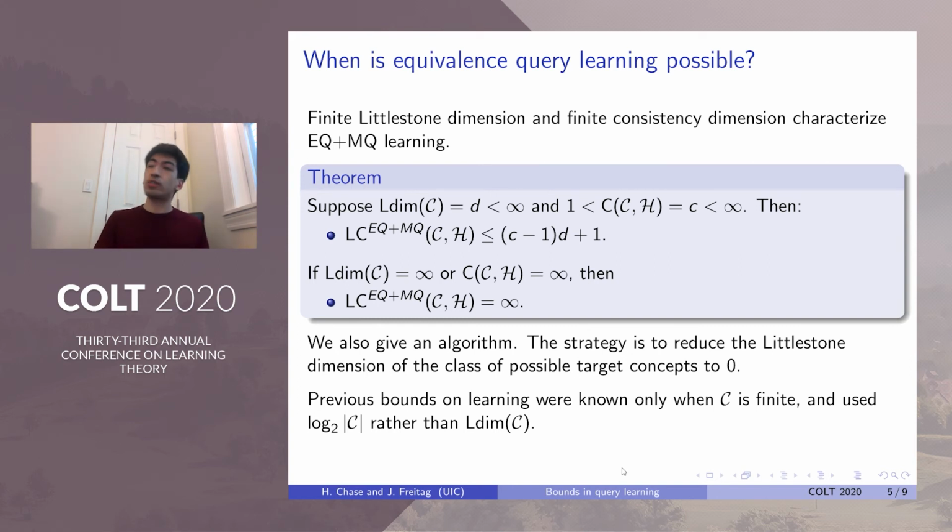Previous bounds were only known when C is finite, and they only used log of the size of C rather than the Littlestone dimension of C. So our other contribution is to use the Littlestone dimension of C as a more appropriate measure of the complexity, which allows us to study infinite classes as well.